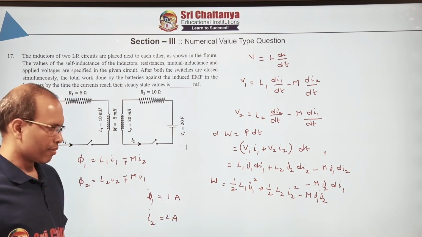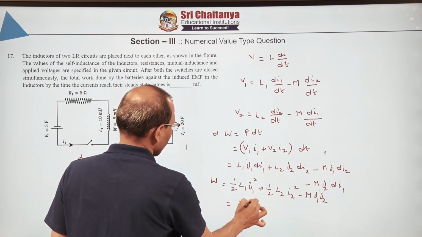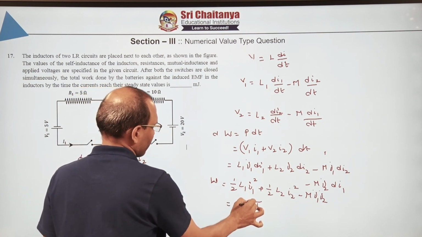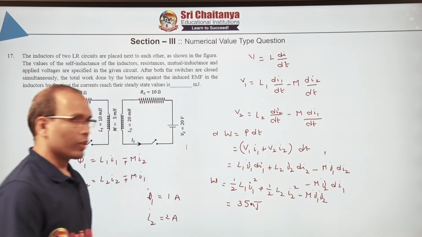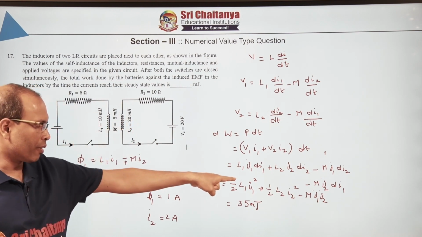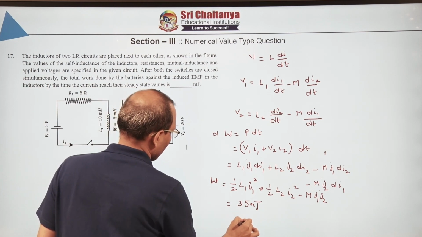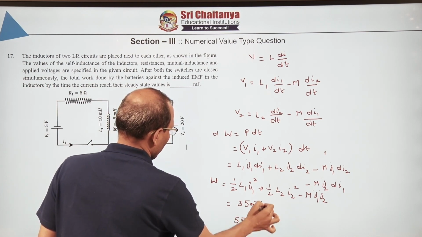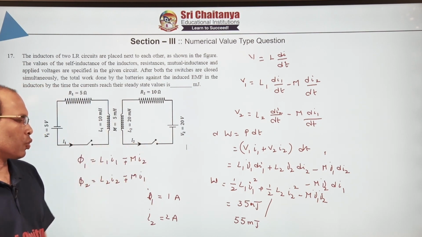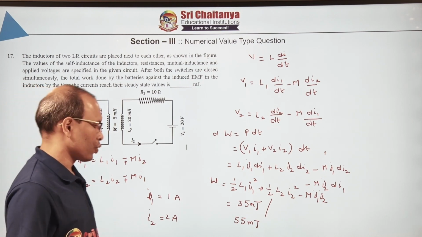Now substitute in this, we get the value as 35 millijoules. Suppose we were to consider that these two are adding up the flux, then this would become plus, and it would come out to be 55 millijoules. Because it is not very clear, either of these two must be giving you the proper answer.